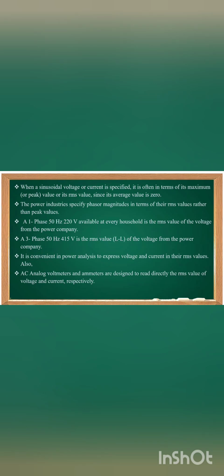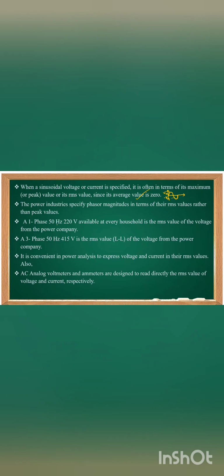Now the question is where we are using this RMS value representation. When a sinusoidal voltage or current is specified, it is often in terms of its maximum value or RMS value, since its average value is zero. For example, if any sinusoidal waveform is given, you specify it using the peak value or the RMS value.